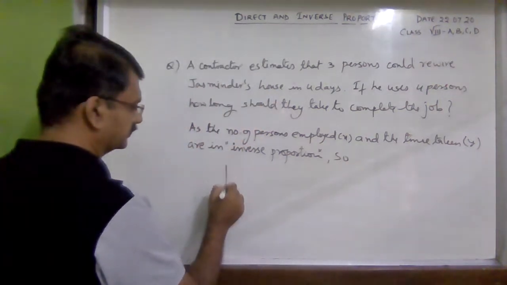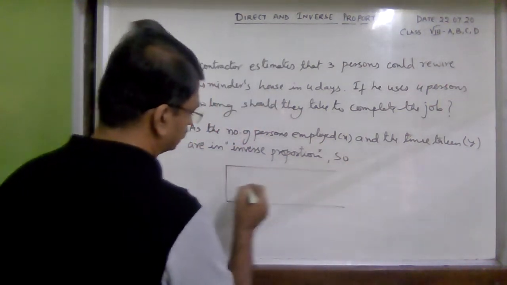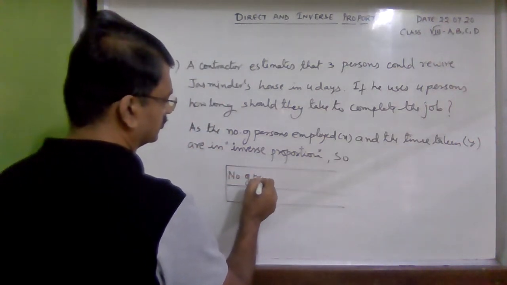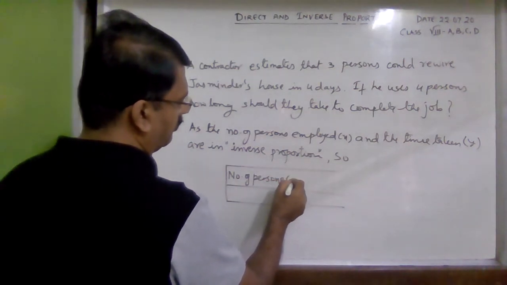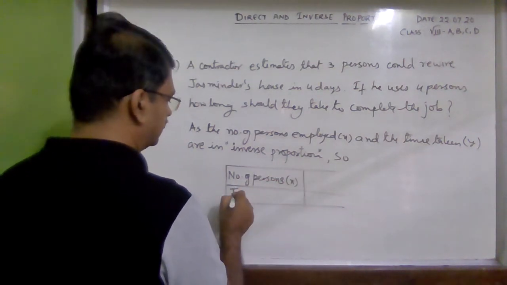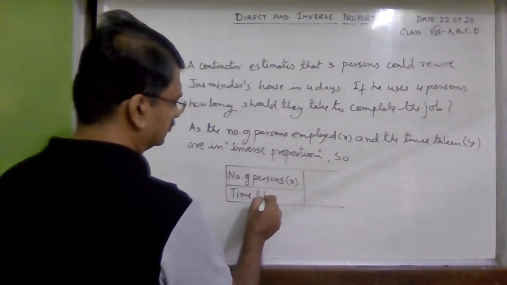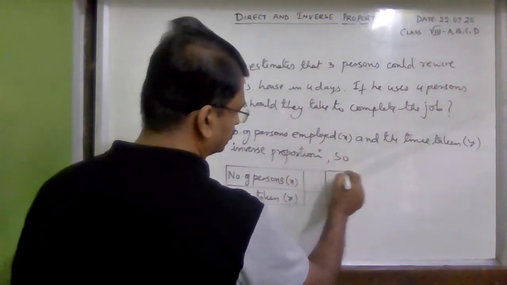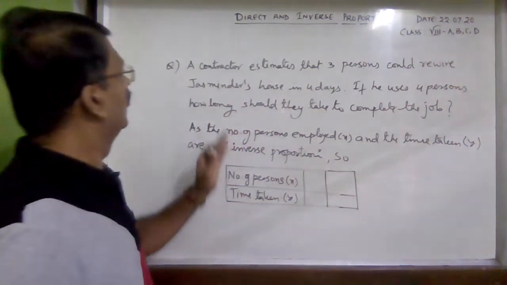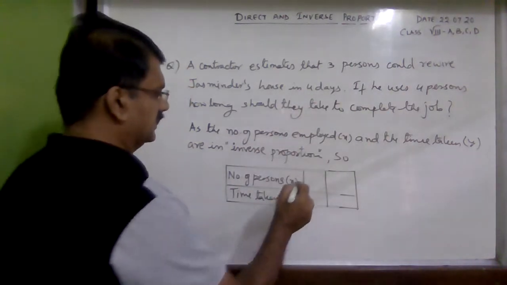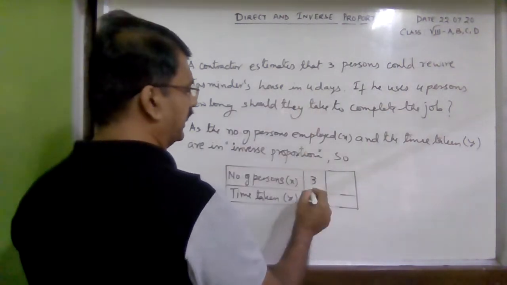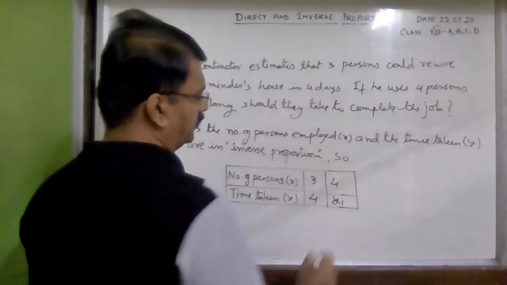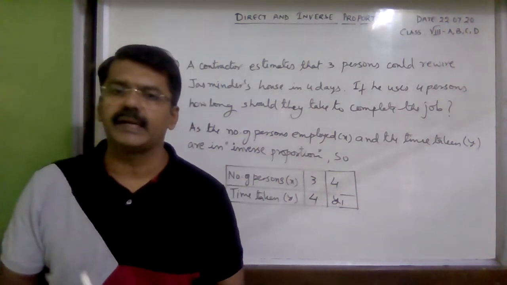So number of persons X, time taken Y. Now you see, when 3 persons are employed, the time taken was 4 days. Now he employed 4 persons, so you have to find this Y1, that is the time taken to complete the work.